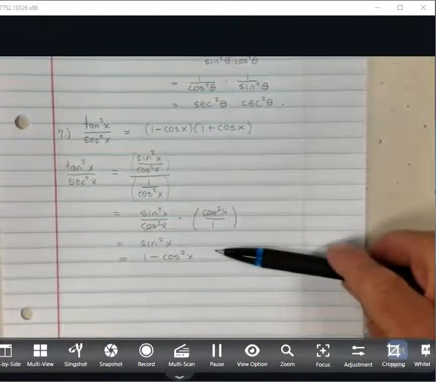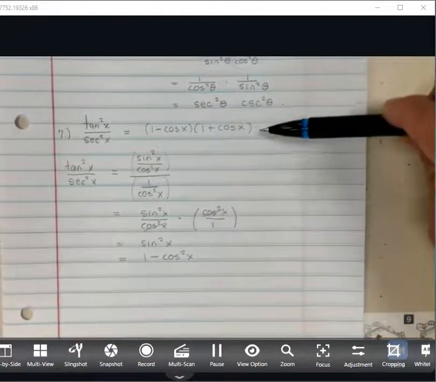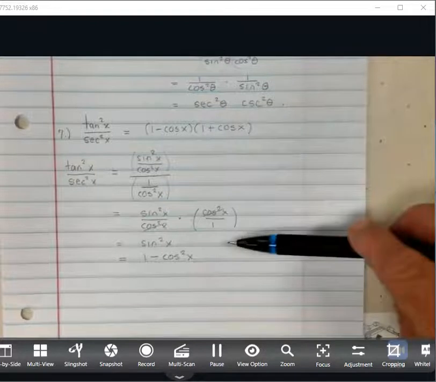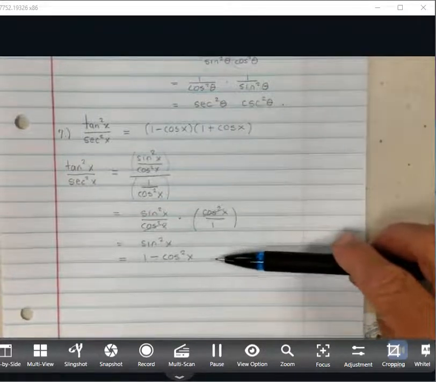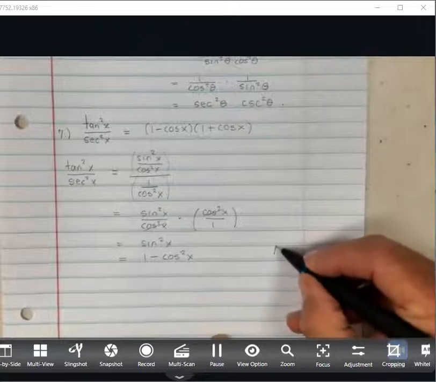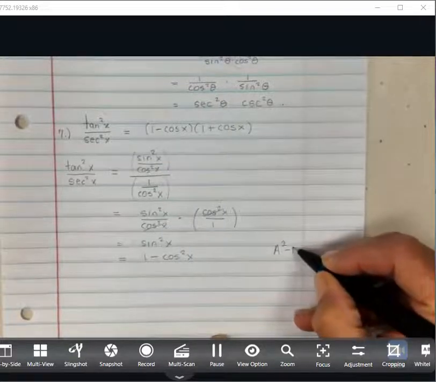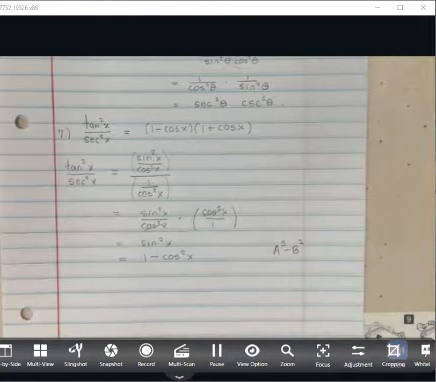Now what? Look at what I have and look at what we're trying to get. Close. I'm going to use this idea. The difference between squares is something that can be factored. A squared minus b squared factors how?